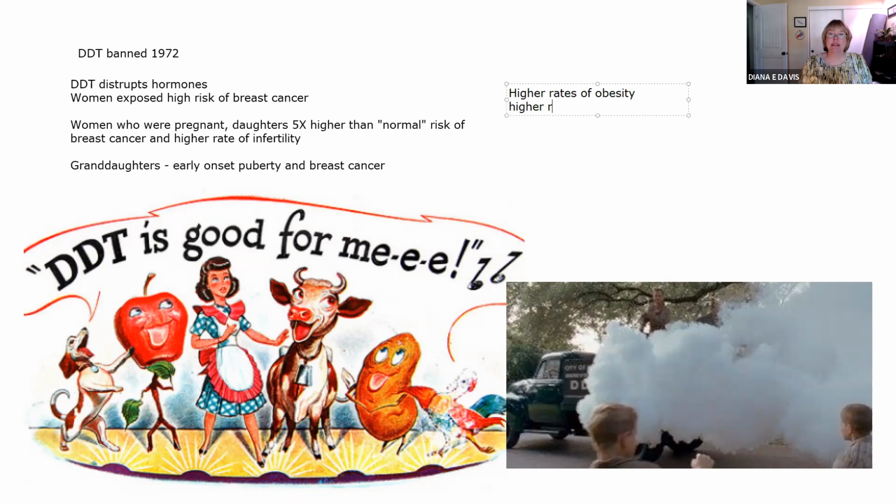Higher rates of cancer, again, comparing to the same socioeconomic rates of people who were not exposed. And women who were exposed before they were born, their children also have higher rates of obesity and cancer.